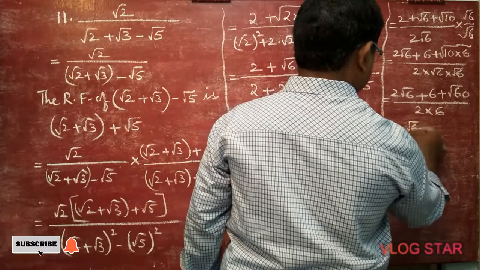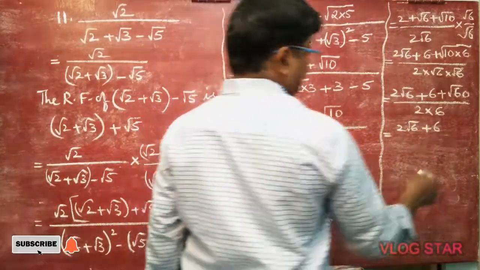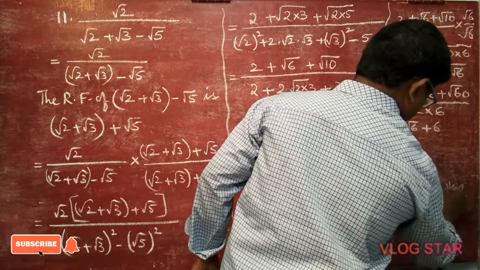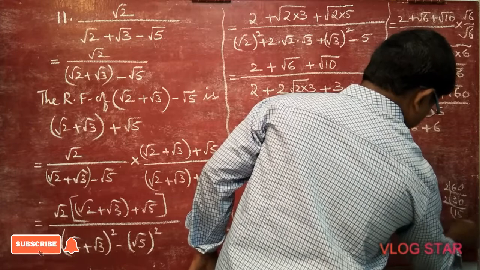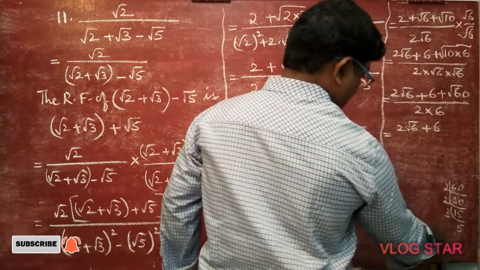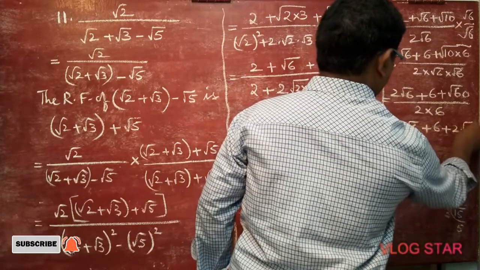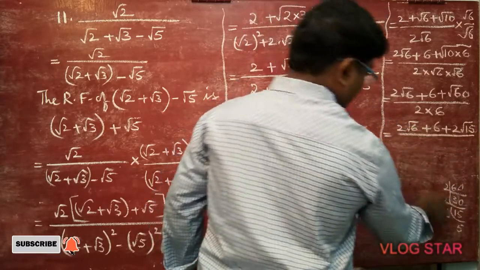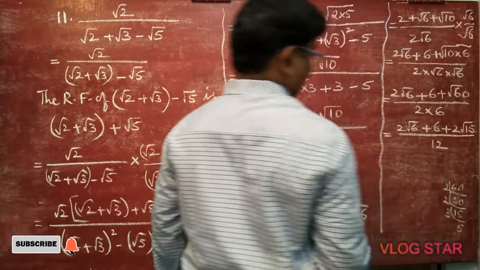2 root 6 plus 6 plus root 60. For 60, 2 table goes 30 times, 2 table goes 15 times, 3 table goes 5 times. So you can write as 2 root 15. For 2 2s, 1 2 came outside, by 12.